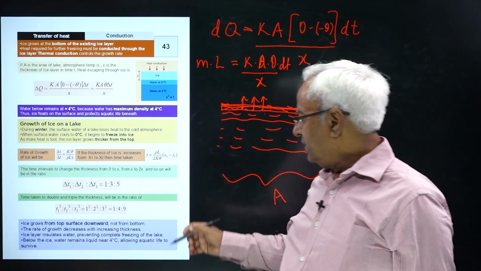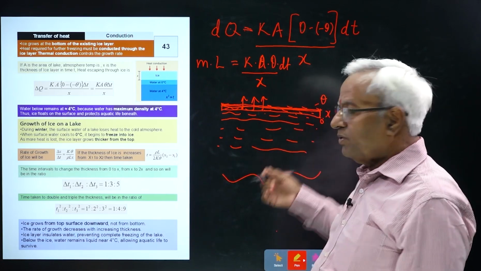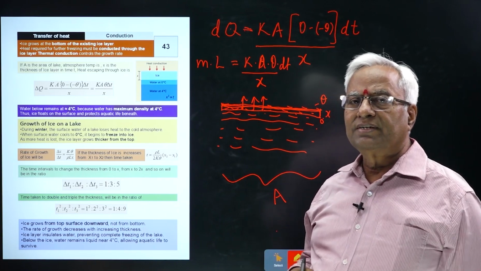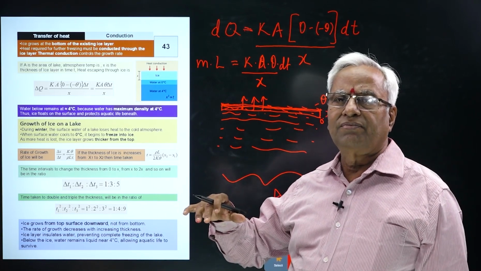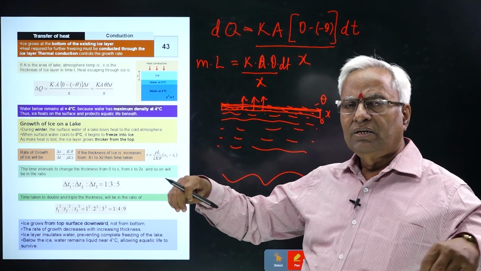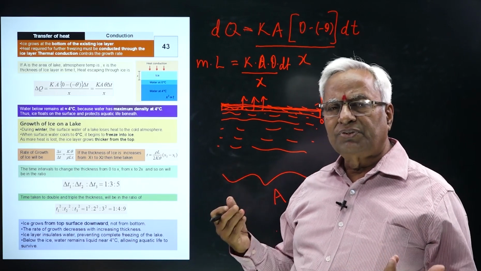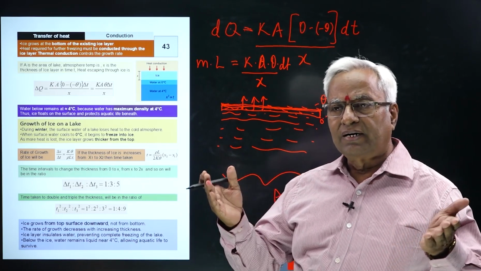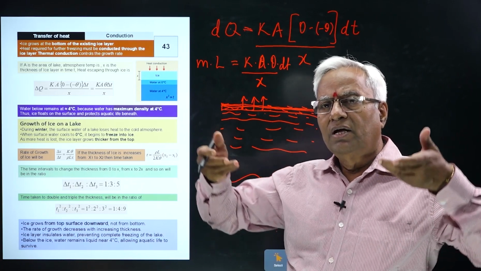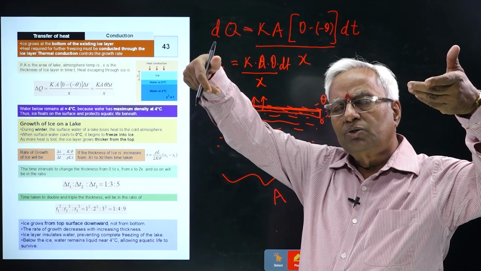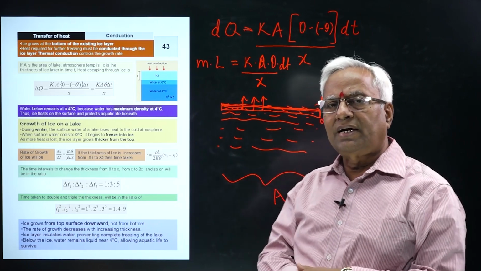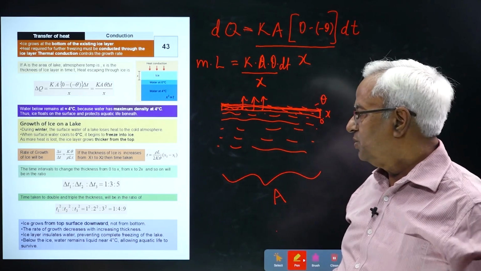That means the lake at the bottom is always at 4 degrees Celsius, and all the aquatic life, all the sea animals and fishes, are quite safe at the bottom though ice has developed on the top, and because of the oxygen inside, that life is still assured.